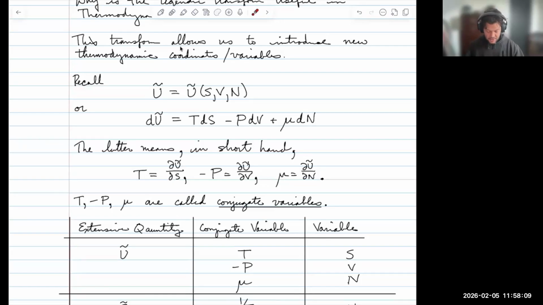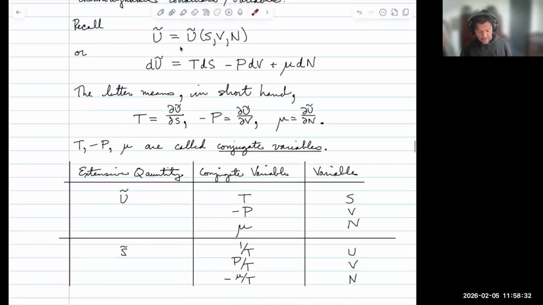These variables are called conjugate variables. They're conjugate to the variables that they sit beside in this relation. So T is a conjugate variable to S, minus P is a conjugate variable to V, and mu is a conjugate variable to N, the number of moles. Why are they called conjugate variables?